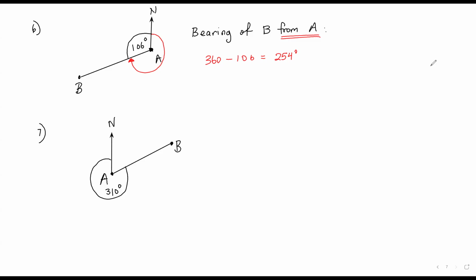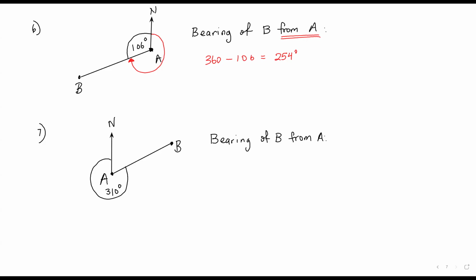I want to know what is my bearing of B from E. Who wants to give it a try? This angle on the outside here is 310 degrees, by the way. My bearing of B from E.